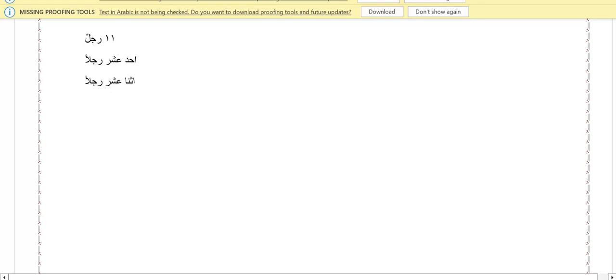So here it should be isnani, but the noon is dropped and isna ashara rajulan means 12. Similarly, if we want to say 11 women, we say ihda asharata imra'atan. If 12 women, then we will say isnata asharata imra'atan.